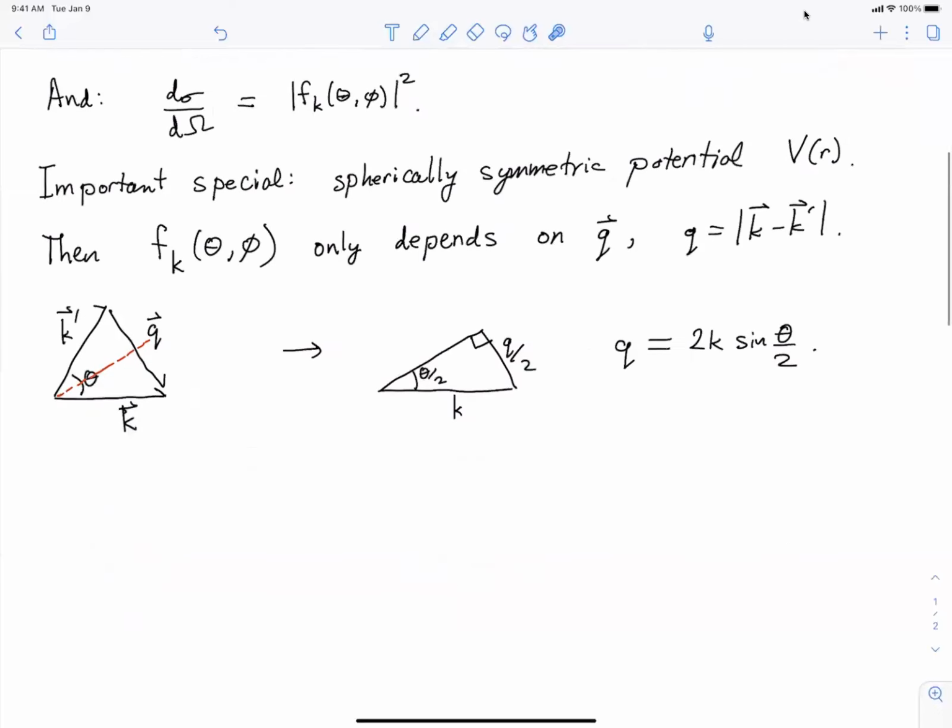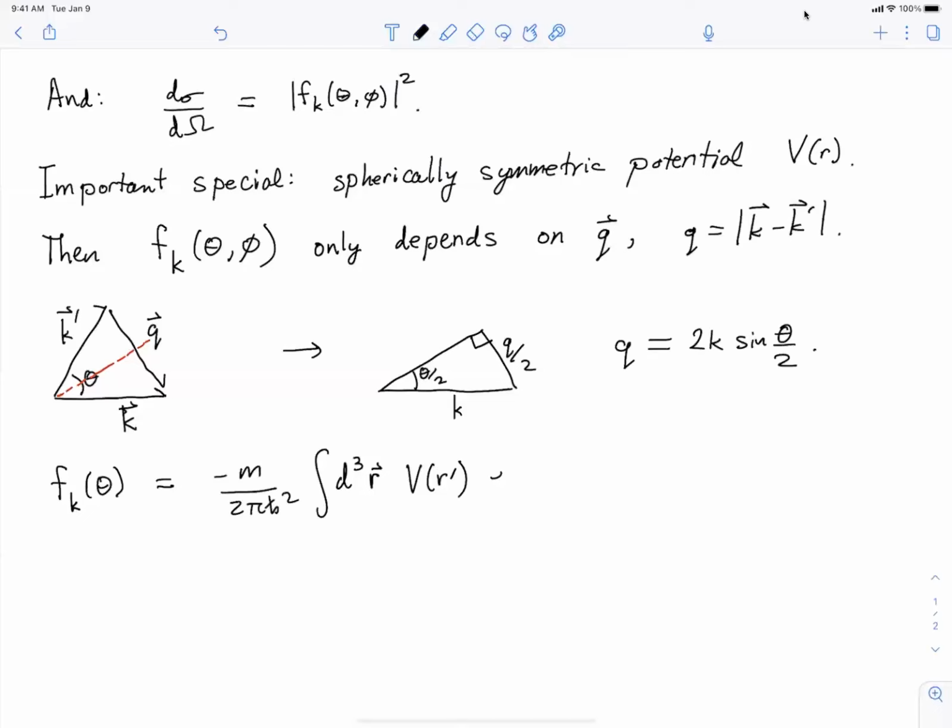Okay, and so now we can rewrite our scattering amplitude. Since it doesn't depend on phi, I'm just going to write it as a function of the one angle theta. And it's going to be minus m over 2 pi h bar squared. And so let me just rewrite the integral we're supposed to do here. So we're supposed to integrate over our potential, which really only depends on the magnitude.